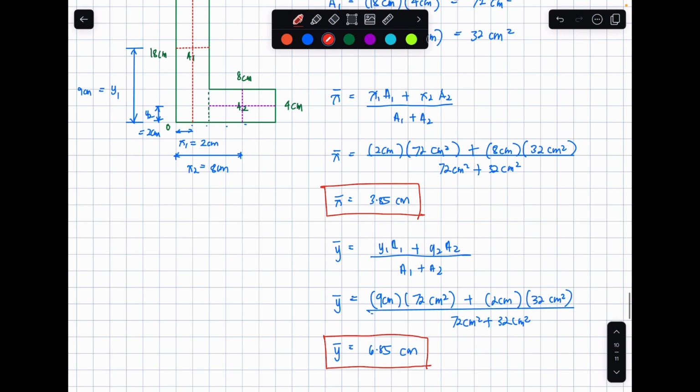So that's the centroid then: 3.85 and 6.85, approximately. So this would be the center of gravity.